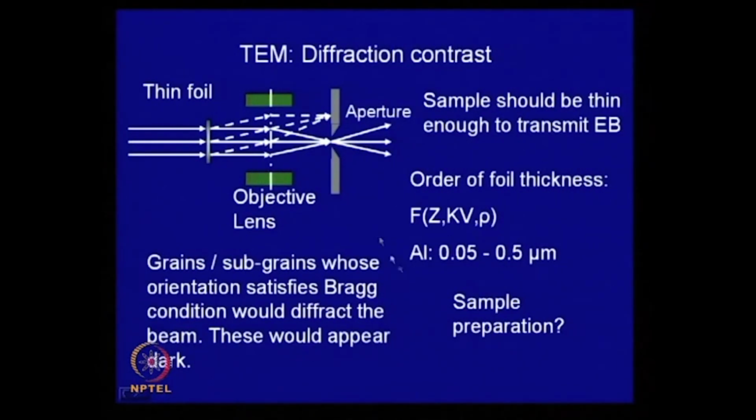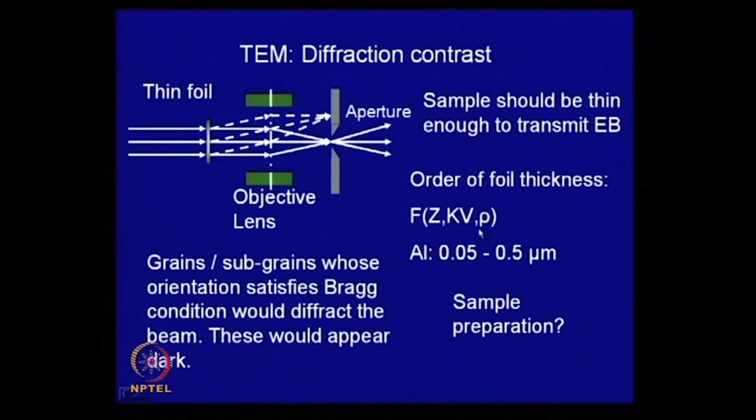Now, here one may question: I said that the sample should be a very thin foil, the thickness should be small enough so that the beam does not get absorbed, it just passes through. Now, this order of foil thickness is a function of several factors like the atomic number of the metal, and the voltage that you apply, the kilovolts, 100 kilovolt, 200 kilovolt, possibly you will be able to examine a relatively thicker specimen.